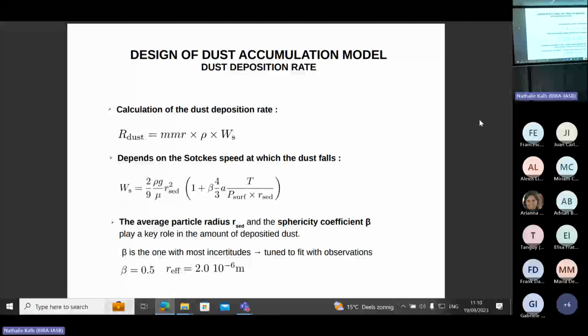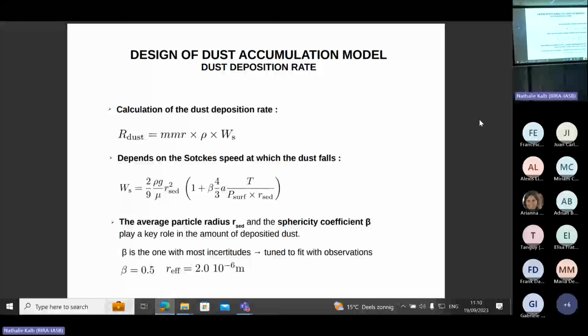The first one is the average particle radius. We assume a distribution of dust particle size, a normal distribution. So we have two parameters, the effective radius of the particles and the effective variance of the particles. That gives us the average particle radius, which gives us the Stokes speed.